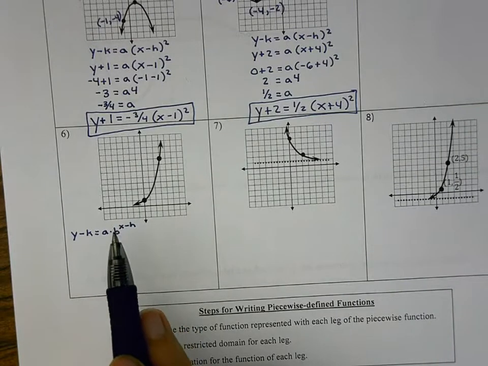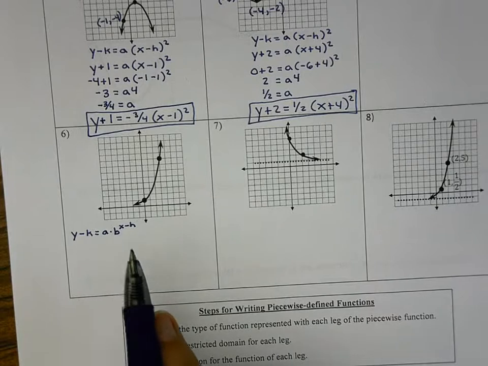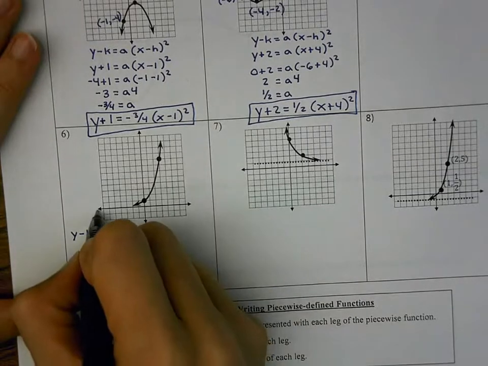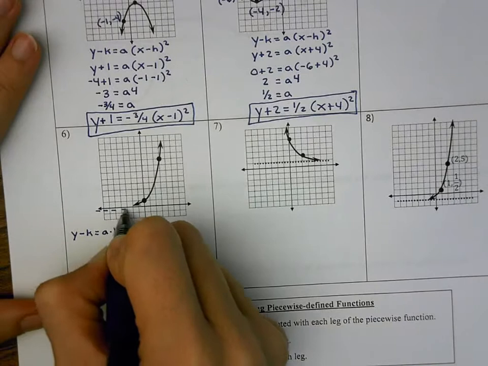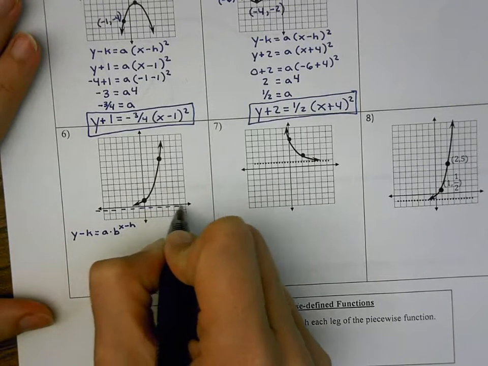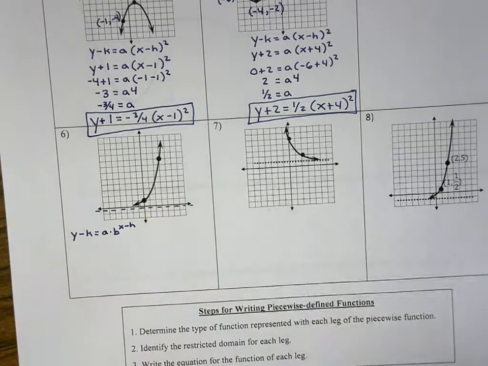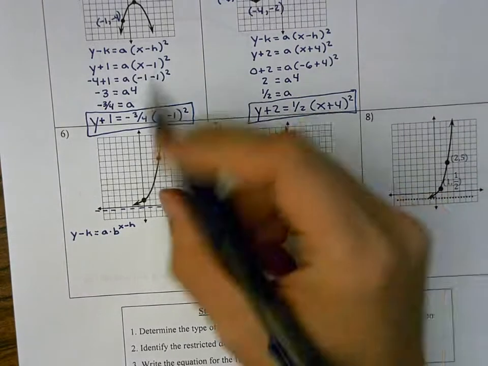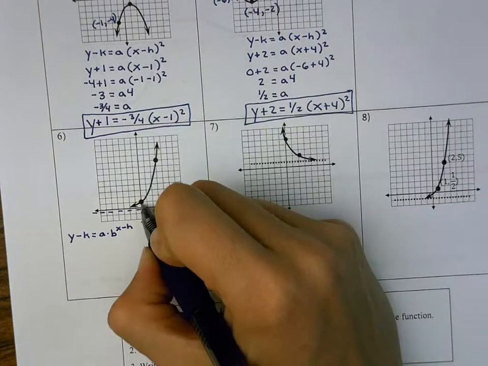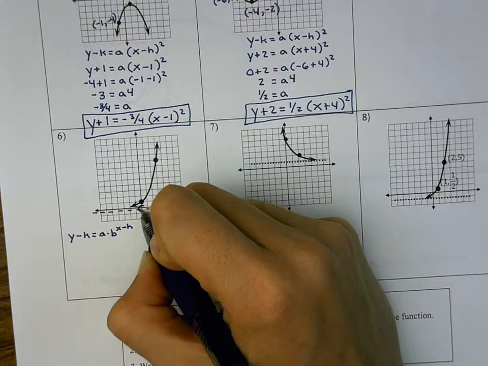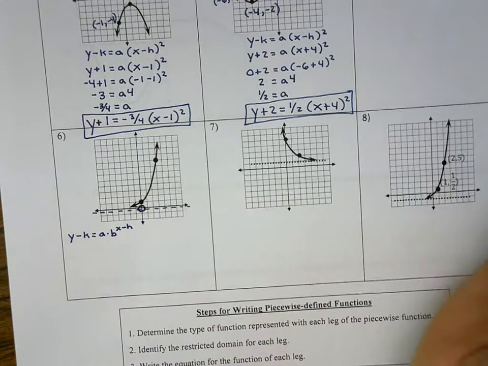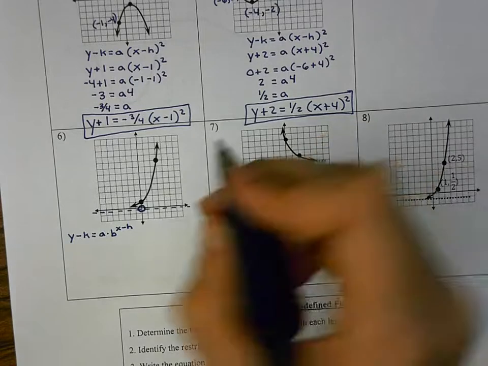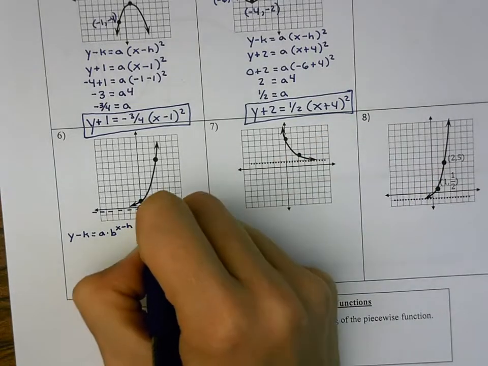What did my HK show me on a graph? It showed me my asymptote. In this one, my asymptote is here, right along the x-axis, right? So my HK isn't this coordinate. It's the point on the asymptote that is below that point. So my HK in this one is 0, 0.